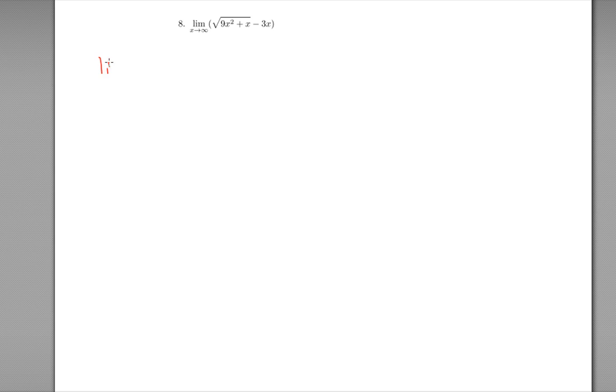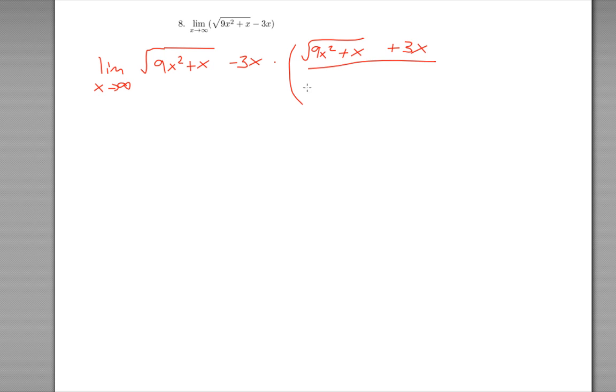So the limit as x goes to infinity of the square root of 9x squared plus x minus 3x, times the conjugate, which is the square root of 9x squared plus x plus 3x, because that's the opposite sign. Of course we don't want to change the question, so we have to multiply the top and the bottom by the conjugate. So we're going to multiply it like this.